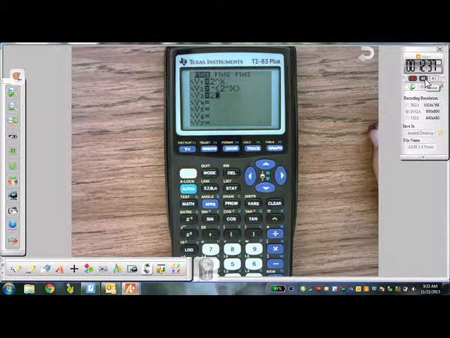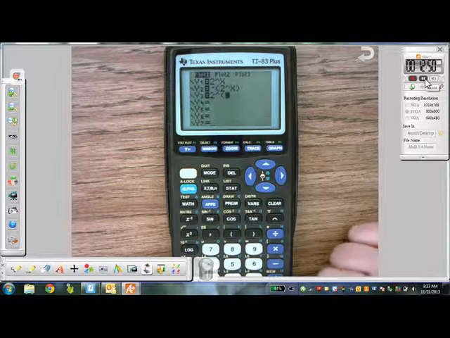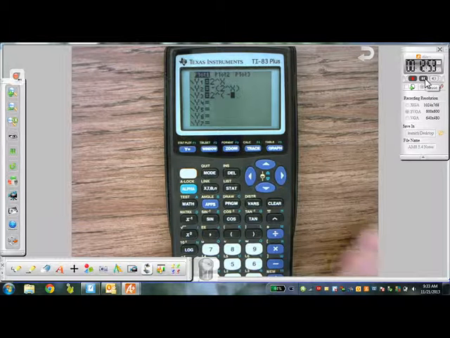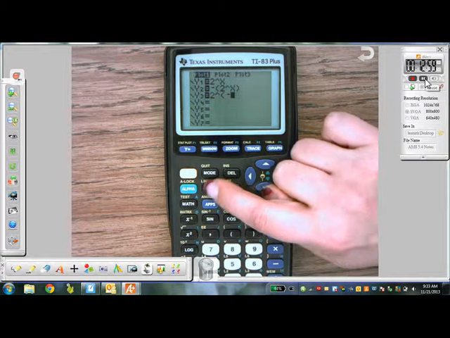And then to the power of, but this time negative x is in what? Parentheses. So open your parentheses. And we're going to type in negative x. So that negative all the way at the bottom, press that guy. Not the minus sign, the negative. And then we're going to press our variable button x and close that parentheses.